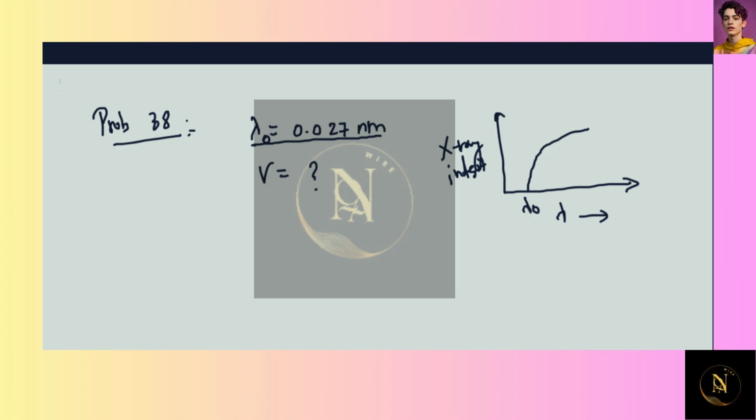Now, in order to calculate the voltage across the tube, we use equation 39.10 from the book, which basically tells us that the shortest wavelength is equal to hc over eV, where V is the voltage across the tube.